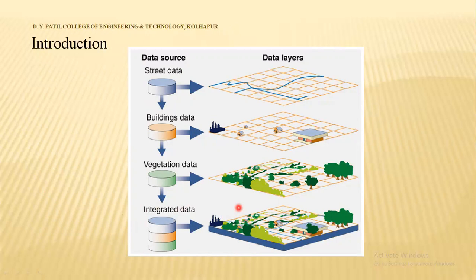GIS helps to explore relationships between different layers of information about features that are distributed unevenly over space. GIS can be made up of a variety of software and hardware tools.